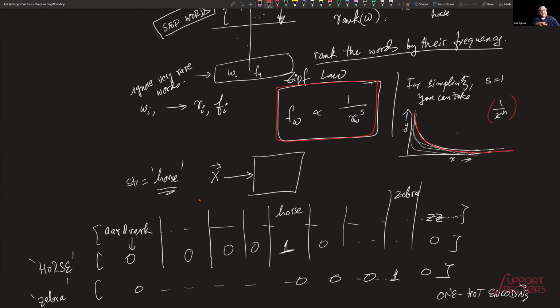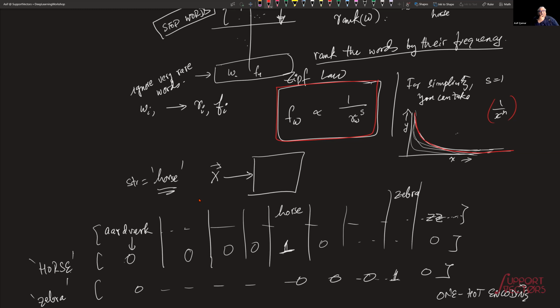People have all sorts of terminology. For example, 1 over R directly, some physicists, if you're talking to, they will start calling it the gravitational distribution or something like that, because the gravitational potential goes as 1 over R. So we won't get there, but occasionally you hit upon literature, even in NLP, and suddenly you find, okay, the distribution looks gravitational.